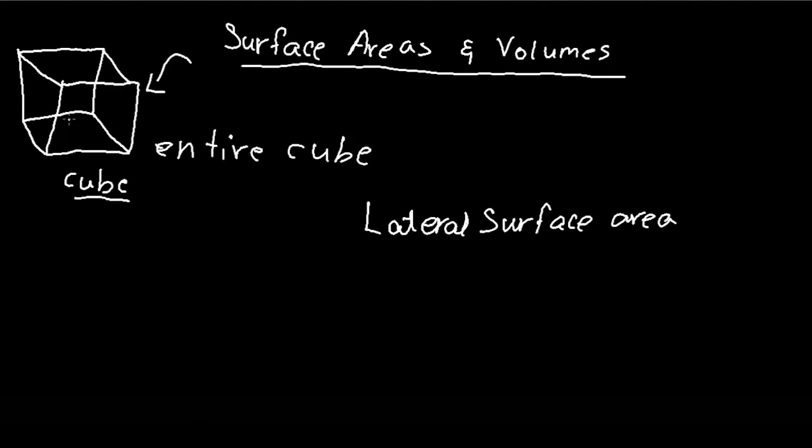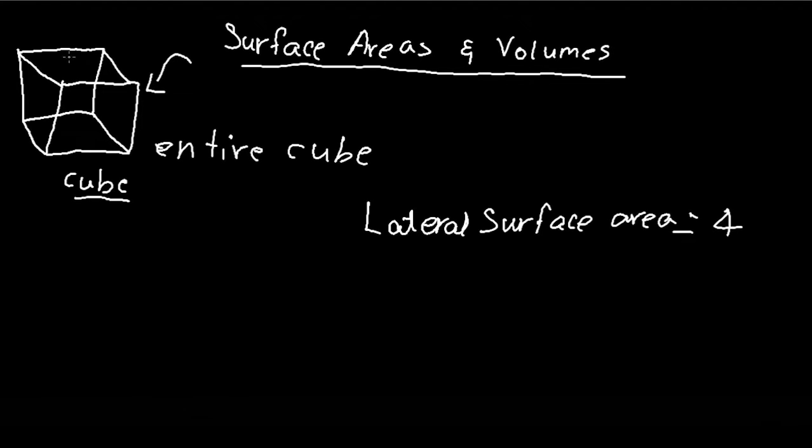To find the lateral surface area, which is 1, 2, 3, 4 sides, since we're finding the lateral surface area, we need to set it to 4. Now, why are we doing that? Because we're not looking for the entire cube, we're just looking for the 4 sides, and not the top and bottom. The top and bottom will come with the total surface area, which we'll talk about in a moment.